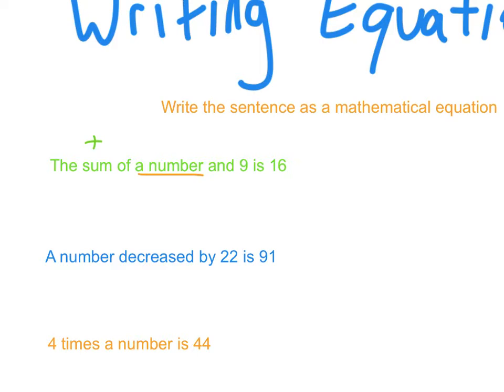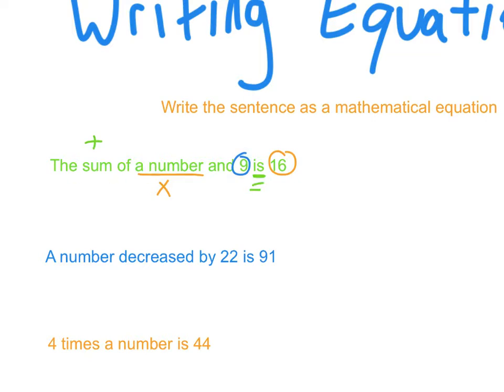And when they don't tell us the number that's supposed to go there, we add a variable. You can use whatever variable you want. I'll just choose x. And sum of a number and 9, so that's interesting. Is what? Well, it is 16, they tell us. So is means equals.